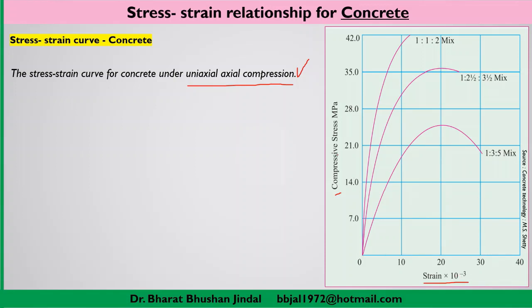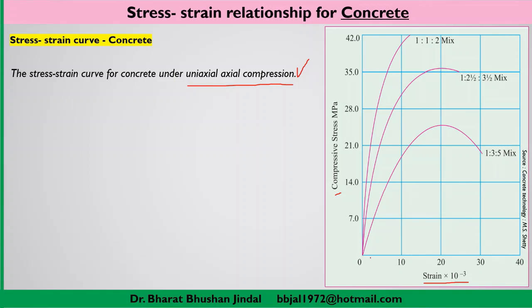So this relationship is very helpful to understand the meaning of the relationship between stress and strain in case of concrete. You can see there are three graphs shown, and each graph belongs to a different grade of concrete, so a different type of mix is under consideration.